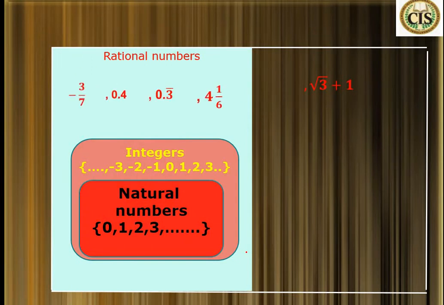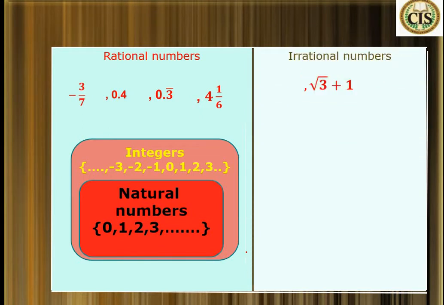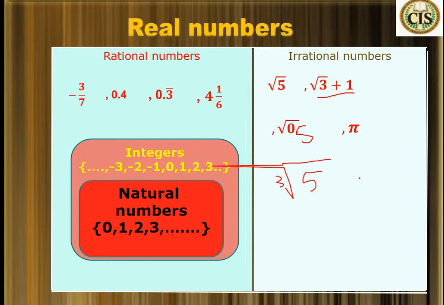On the other side, the irrational numbers are roots like root of 5 only, 0.5 by cube root of 5 and so on. All of these are in this bigger set, the real numbers.